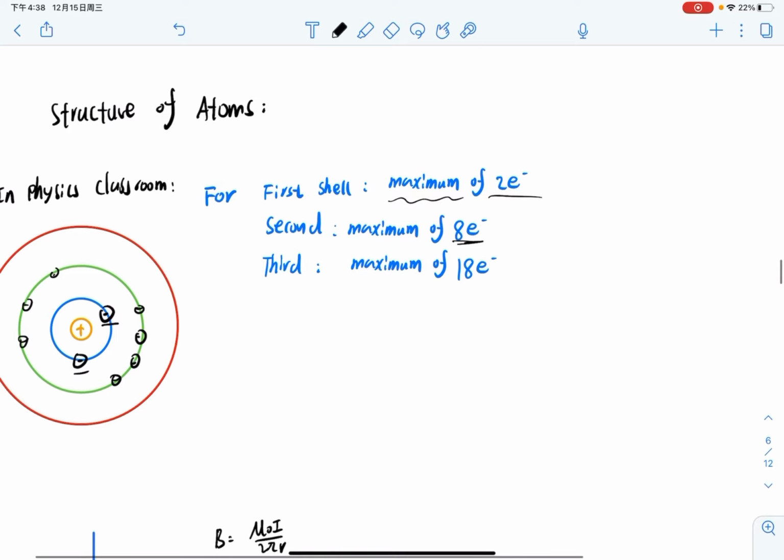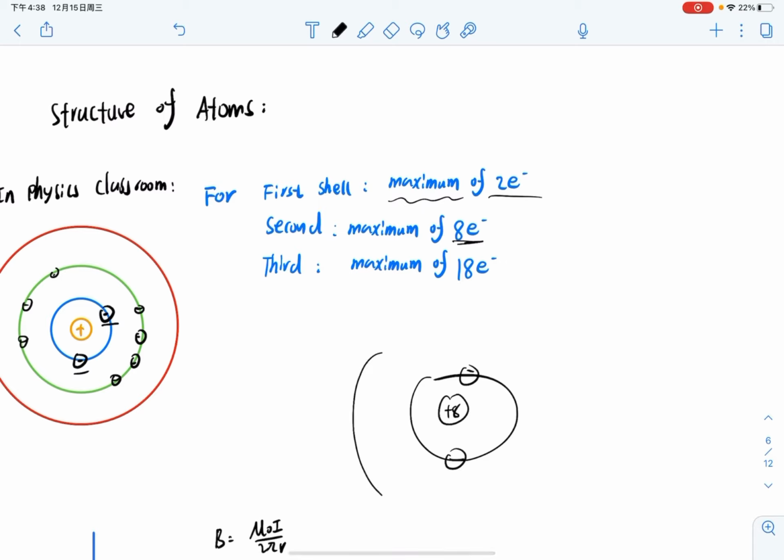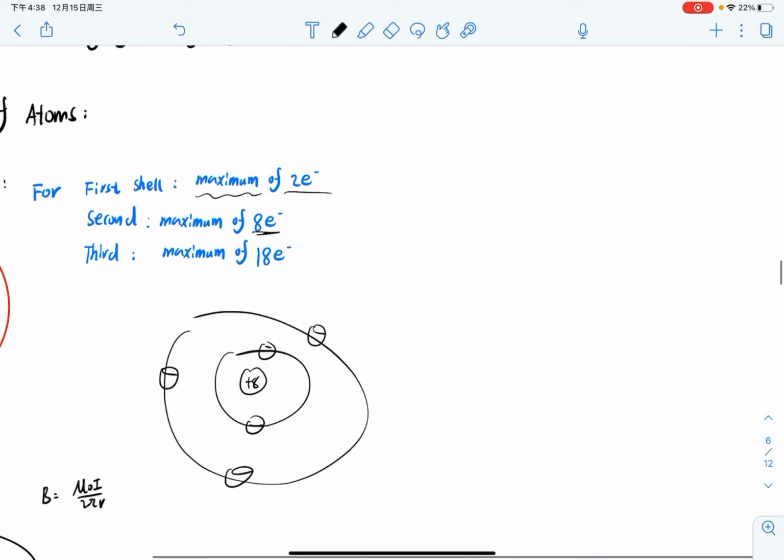And how do you calculate the charge of an atom? Okay, for example, if it is charge 8, and here are these.